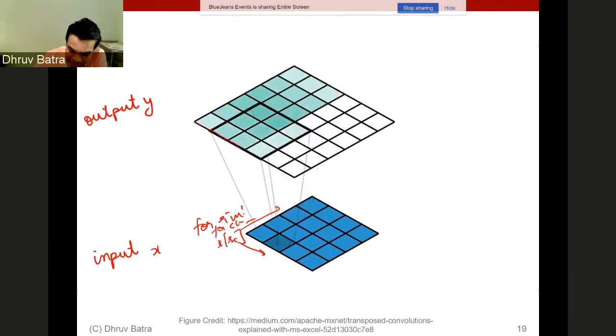We are placing a particular filter at a particular location. We are multiplying X[r, c] with W at that placement, and we're putting that down.